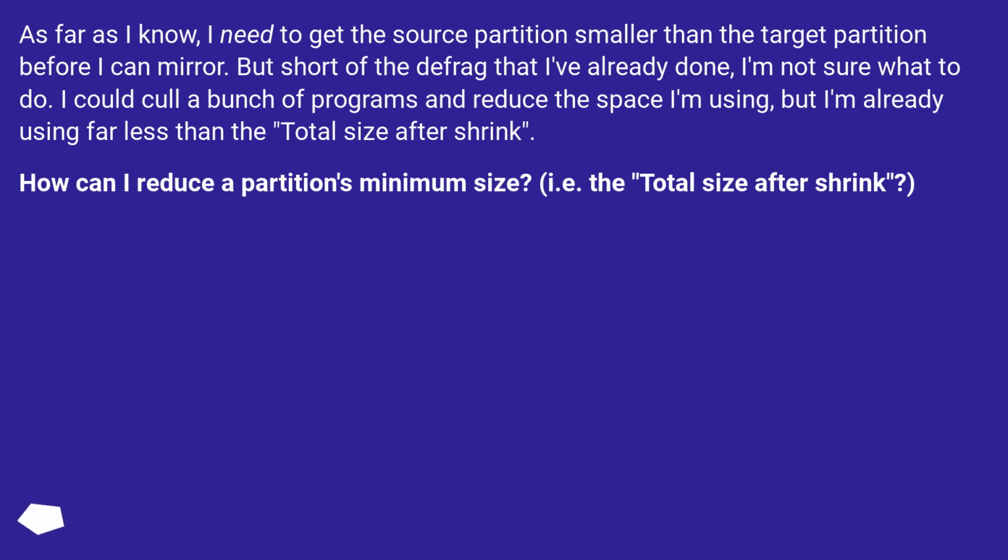But short of the defrag that I've already done, I'm not sure what to do. I could cull a bunch of programs and reduce the space I'm using, but I'm already using far less than the total size after shrink. How can I reduce a partition's minimum size, i.e. the total size after shrink?